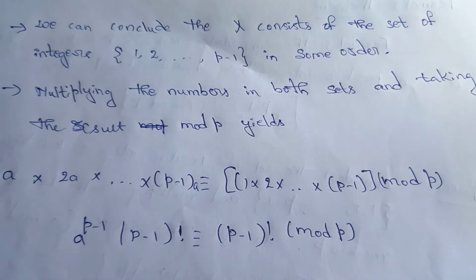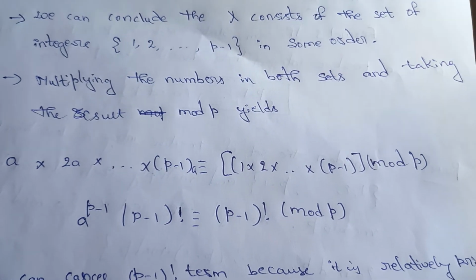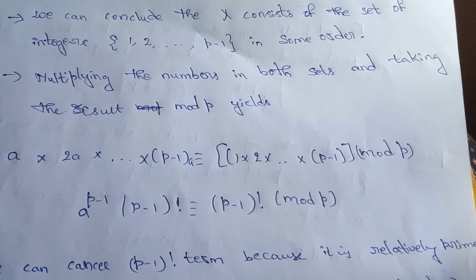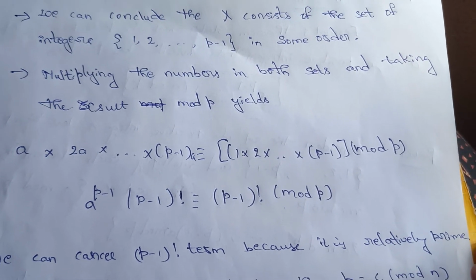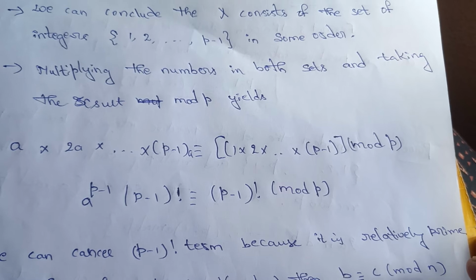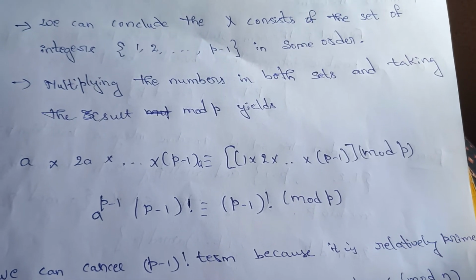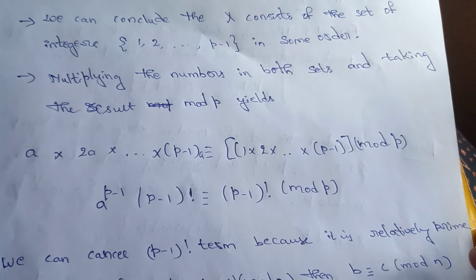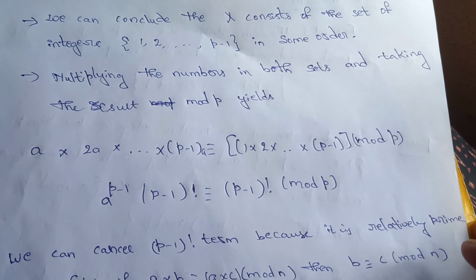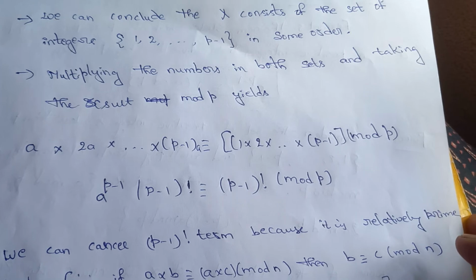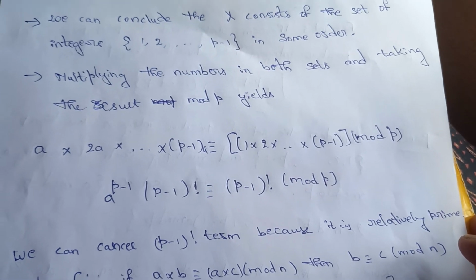Next, we can conclude that x consists of the set of integers 1, 2 and so on up to p minus 1 in some order. So 1, 2, 3 and so on up to p minus 1 is the new set of x. The previous set of x is a mod p, 2a mod p, and so on up to p minus 1 times a mod p.